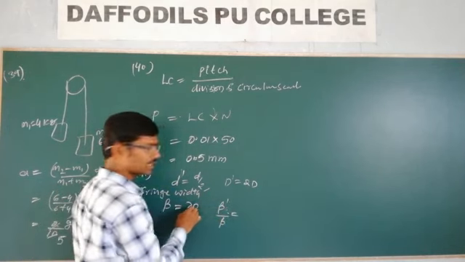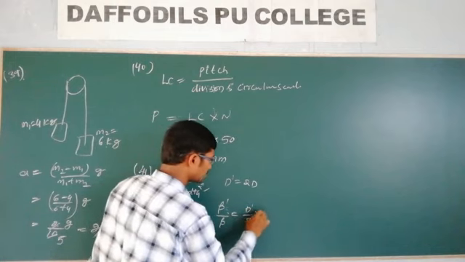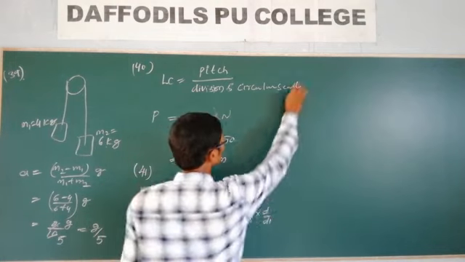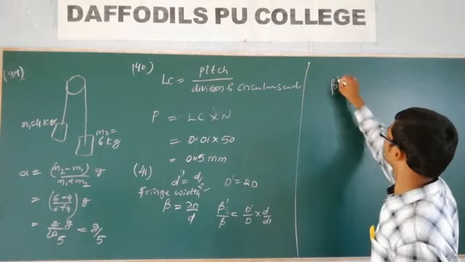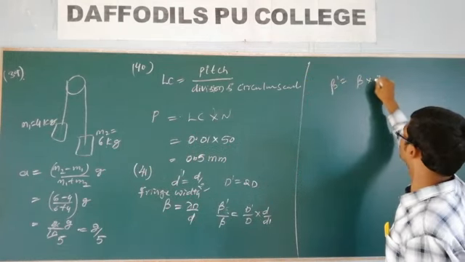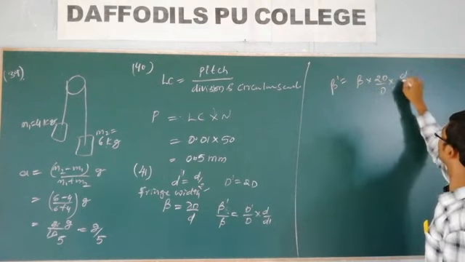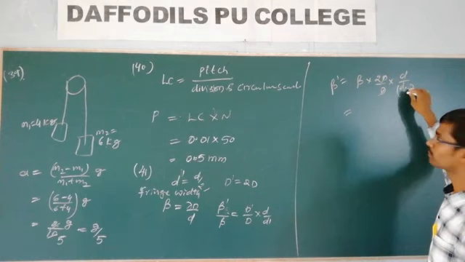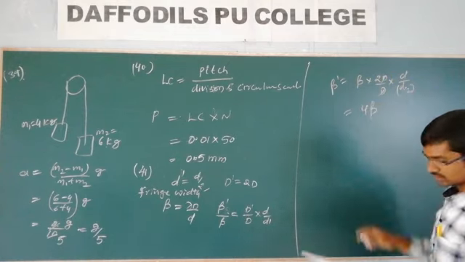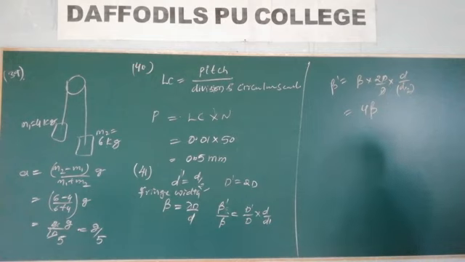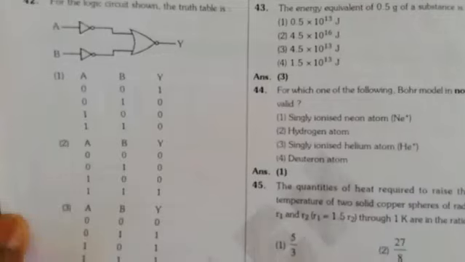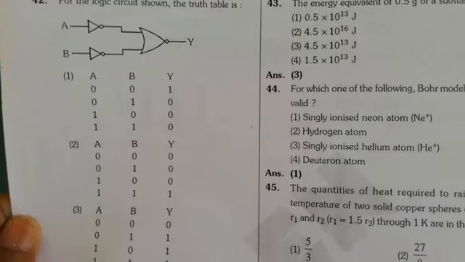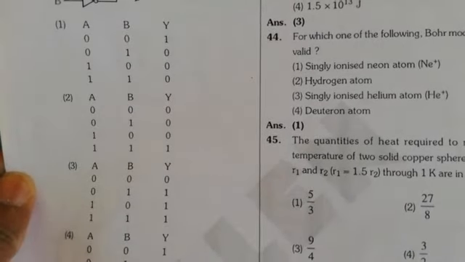We know the fringe width beta is equal to lambda D by d. Then beta dash by beta is directly proportional to D dash by D into d by d dash. Now beta dash is equal to beta into 2D by D into d by 2d. That is equal to, d cancels, 2 by 2 will become 1, then we get beta dash equal to 4 times beta... which is the fourth option, correct.